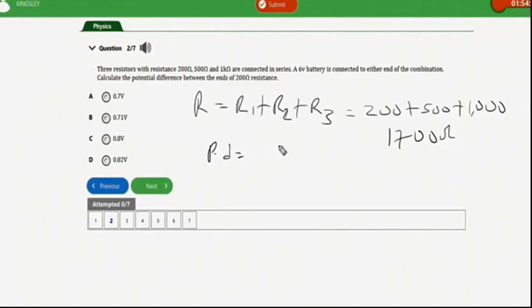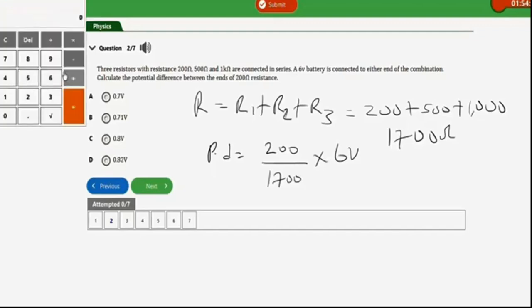Now to get the potential difference between the ends of 200 ohms, the PD for this particular question will be 200 over 1700 times the 6-volt battery we have. So let's punch this on the calculator and see what it's going to give us. We have 200 times 6, divide this by 1700.